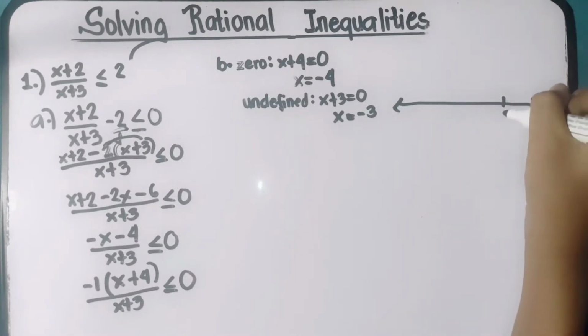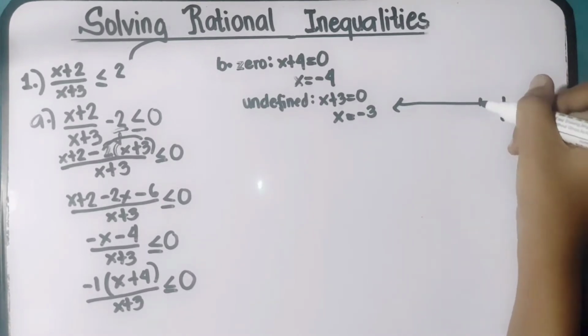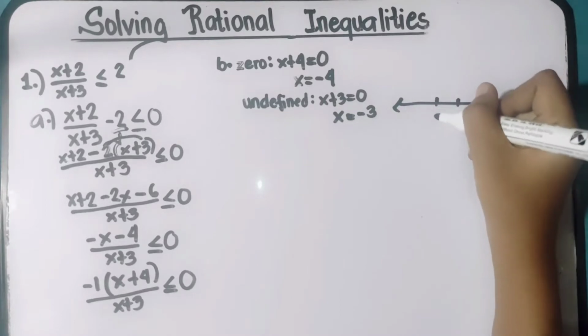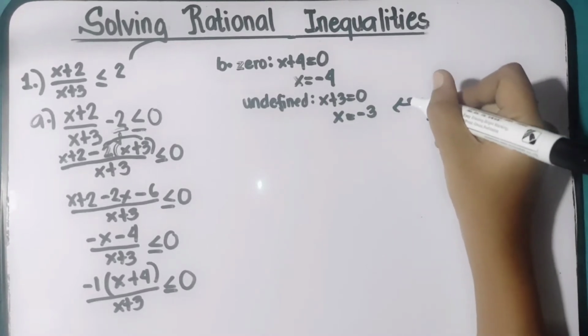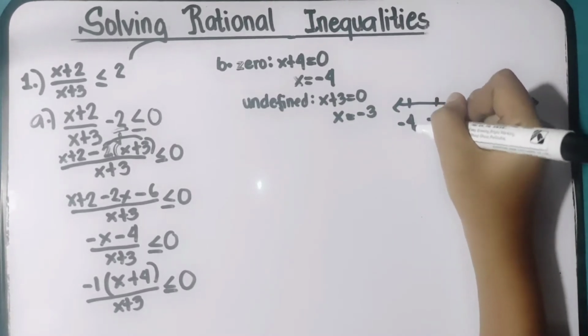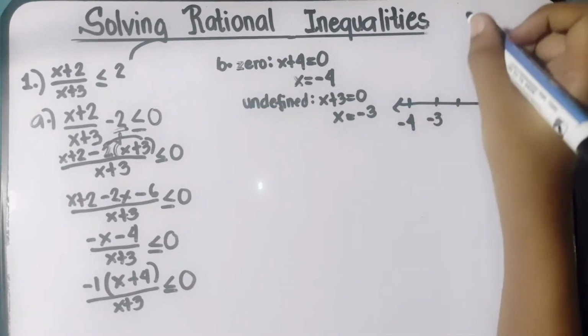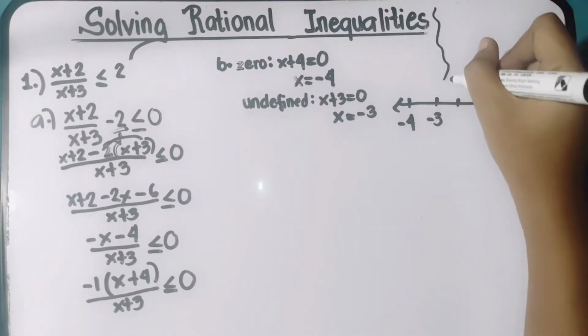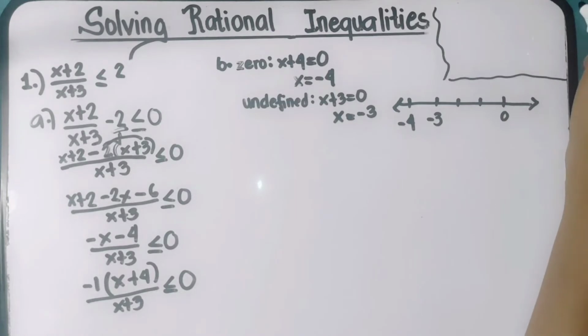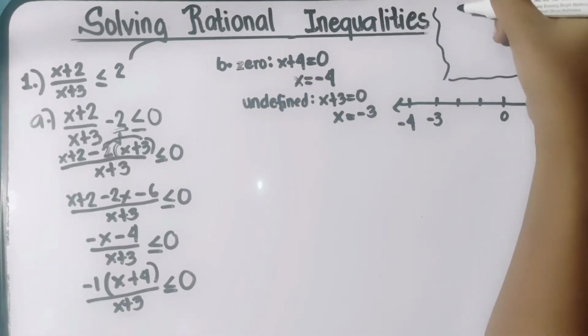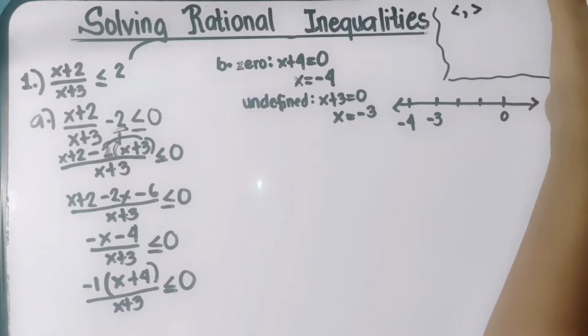If this is 0, 1, 2, 3, this is negative 3 and negative 4. If the inequality uses less than or greater than symbol, all our points in the number line will use hollow circles.